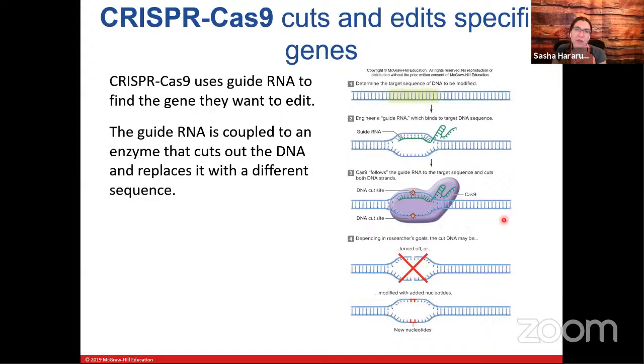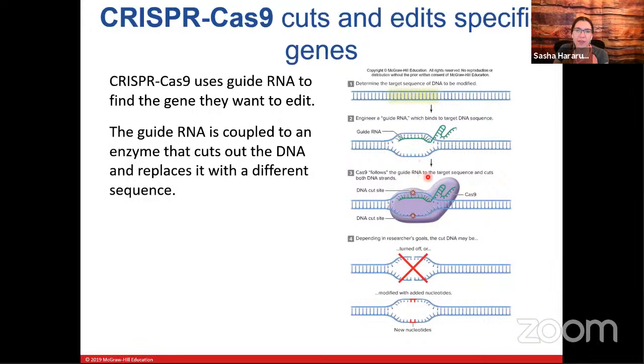So the steps in gene editing using CRISPR: first, the target sequence of DNA to be modified is determined. Then the guide RNA is engineered, and this guide RNA is injected into the nucleus, and it binds to a target DNA sequence.